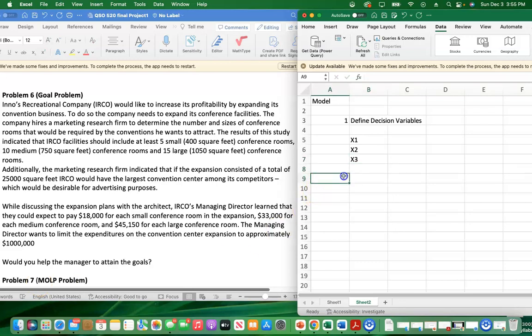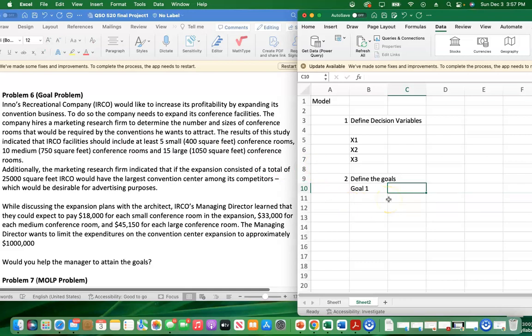Now, the second thing that we need to identify is to define the goals. In this case, we have a number of goals and we are going to define them. So let's look at one goal. We can say goal number 1. This goal means that we are going to expand by including at least 5 small, 400 square feet conference rooms.